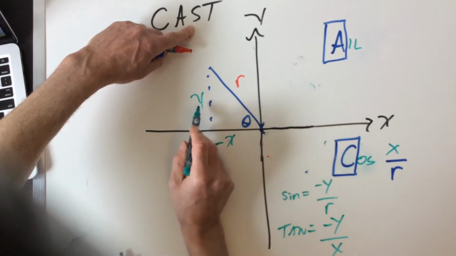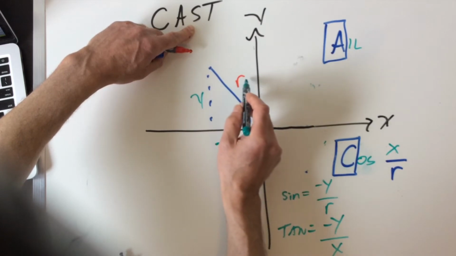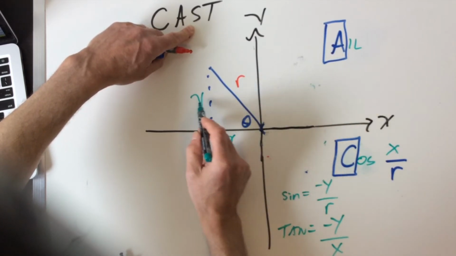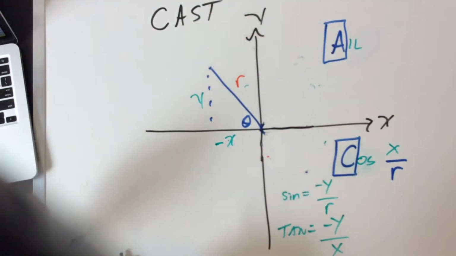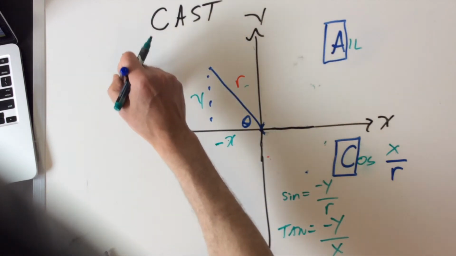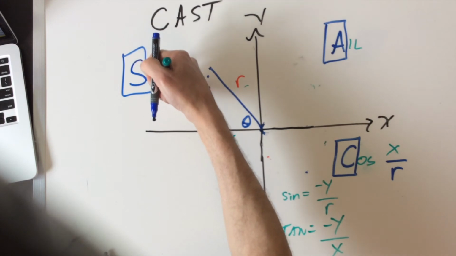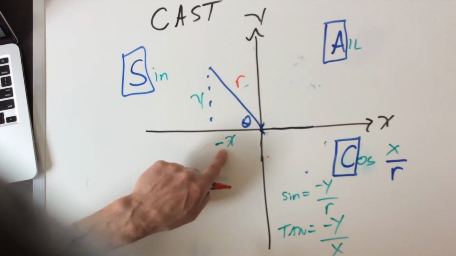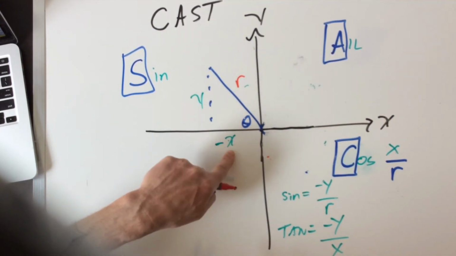Sine is opposite over hypotenuse, so sine is going to be positive. Tangent is negative because it's opposite over adjacent.